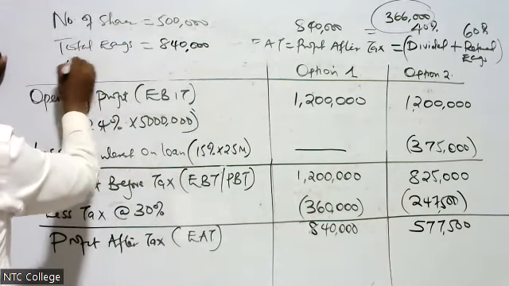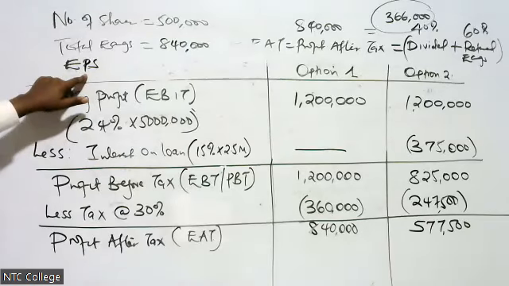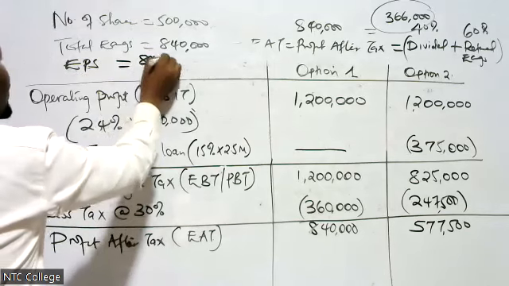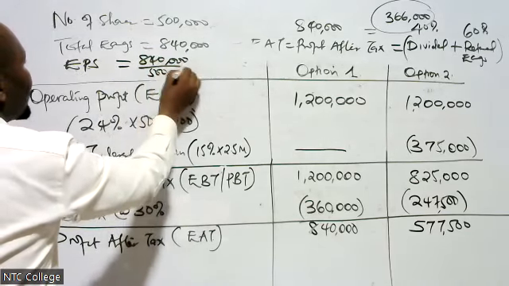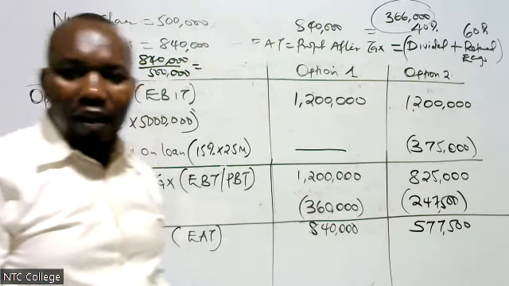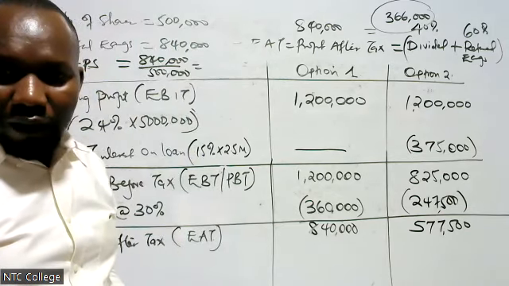Then our earnings per share, EPS, means earning per share. EPS is equal to the total earnings, which is 840, over 500. How much is earning per share? 0.67.